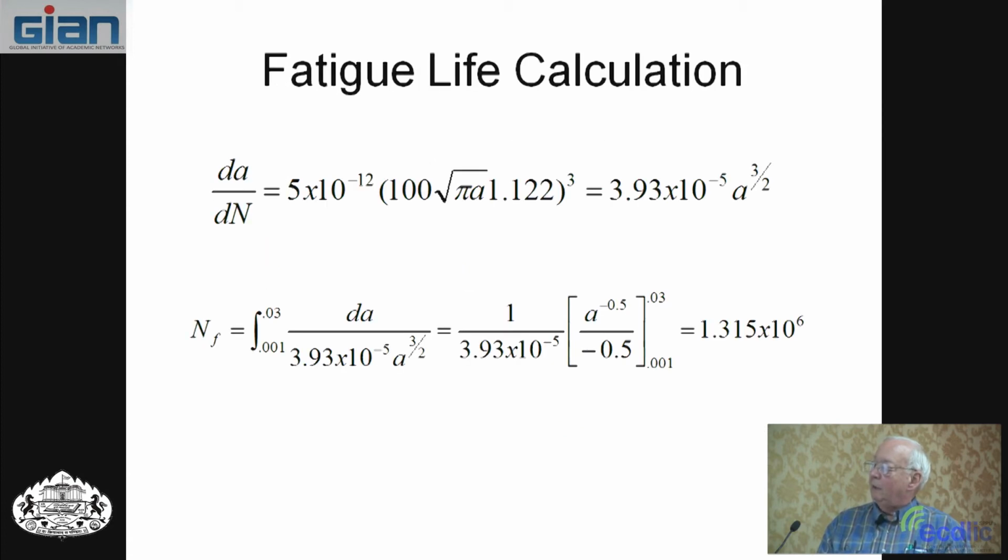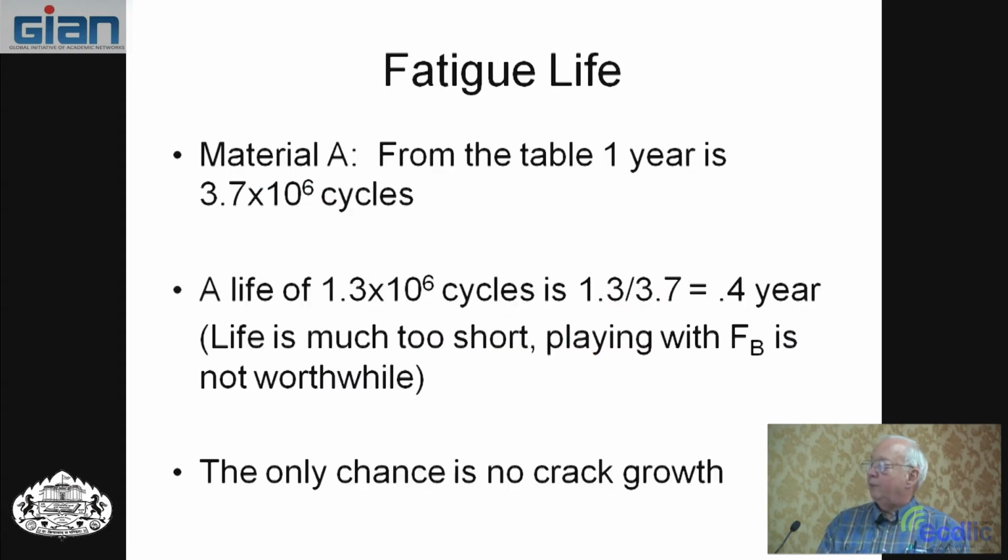And here is the crack growth rate, and here's the cycles to fail. Since the fatigue didn't change, this is material A from 0.001 millimeter to 30 millimeters, where it fails by plasticity. I got a little more than 1 million cycles of life.